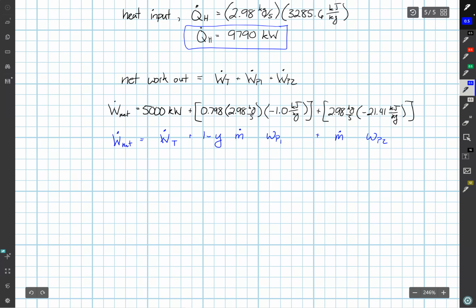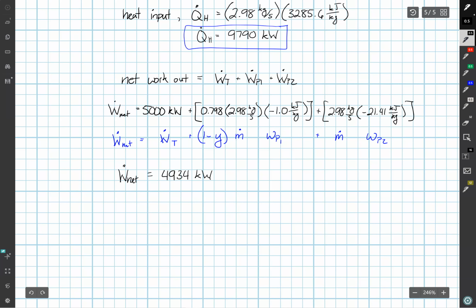Not y, that's 1 minus y. Okay. If we go through and plug in the actual numbers, the work that we're putting into pump 1 is about 2.4 kilowatts. The work that we're putting in here at pump 2 is about 64 kilowatts, so significantly more. But our net work out is 49.34 kilowatts.